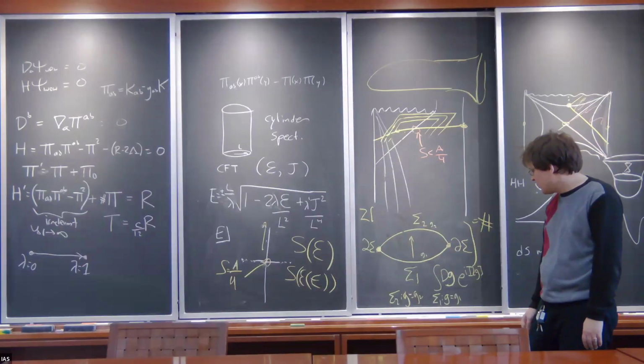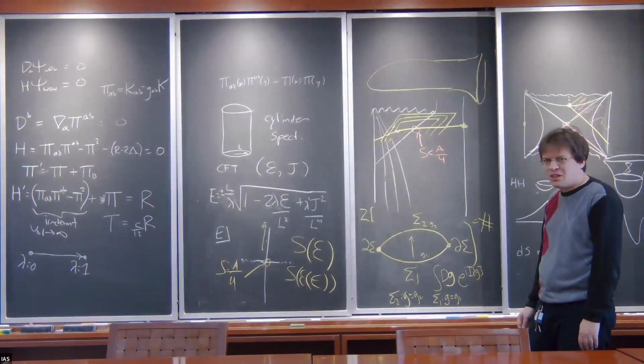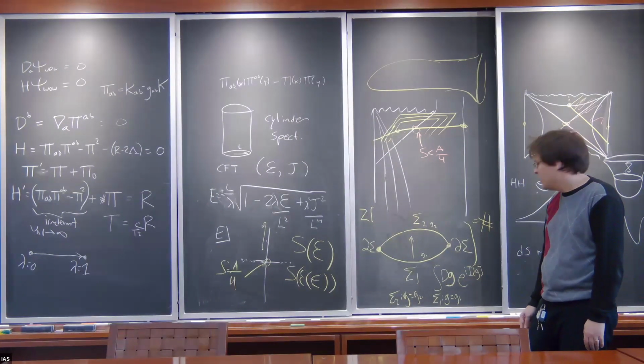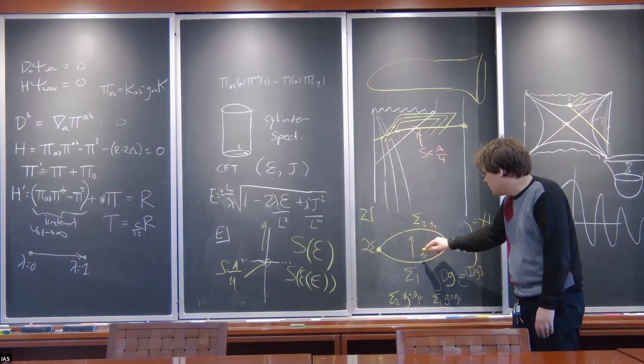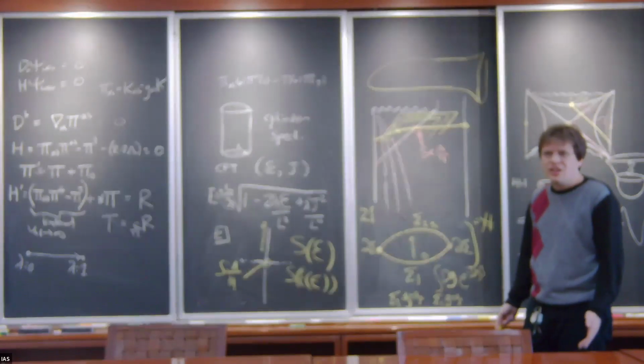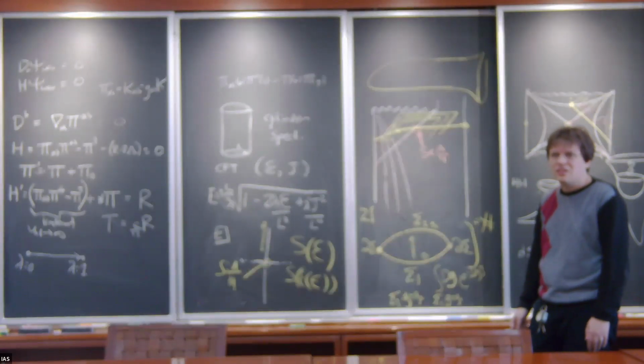There are still some tricky questions about what contour you're using. But this path integral naturally takes the data on these Cauchy slices as boundary conditions.